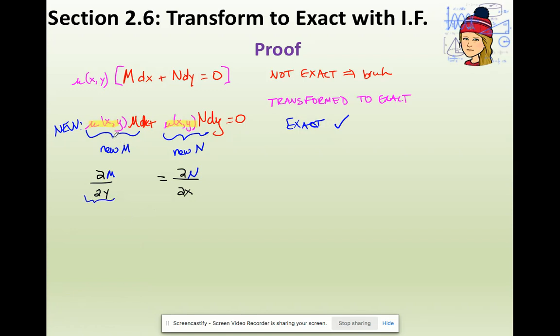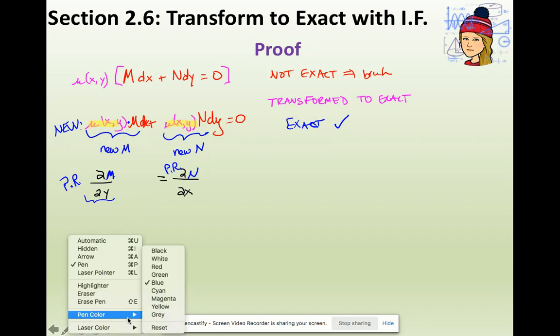This side came from, I need to take a derivative of this. But what is this? Oh, snap, it's a product. Taking the derivative of a product means the product rule, and I'm going to have to do that here too. Right? So how do I take the derivative of a product?